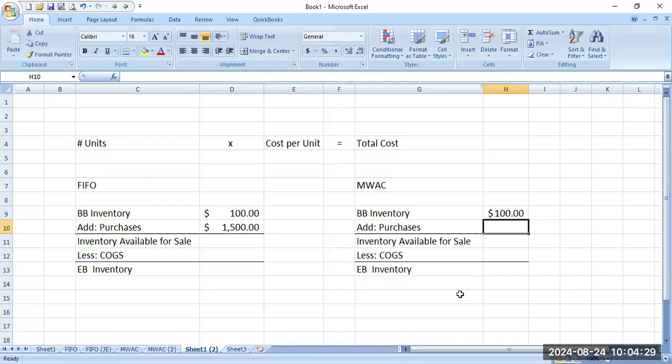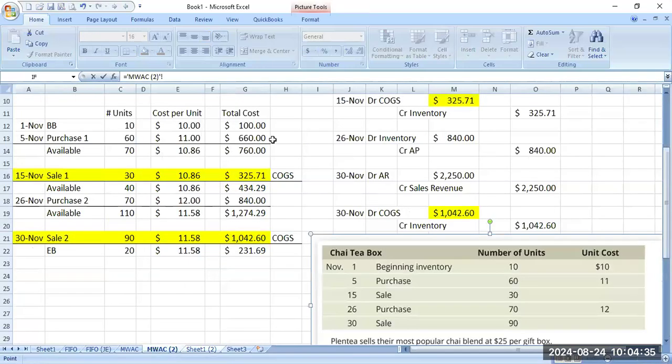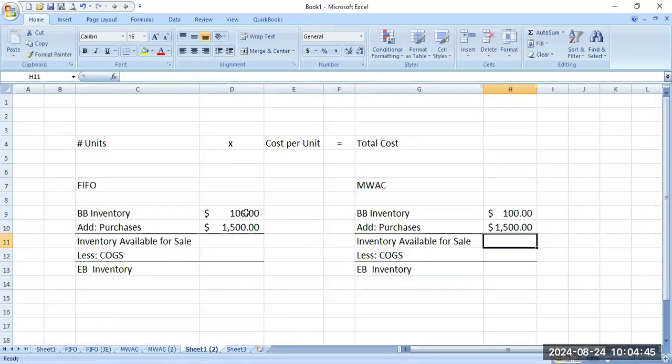Under the moving weighted average, we have exactly the same purchases. So the purchases are not going to be any different. 660 plus 840, exactly the same.